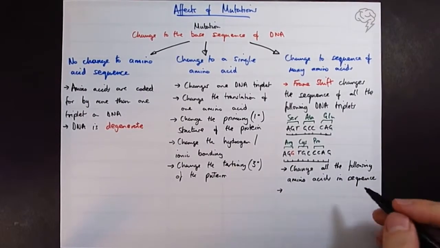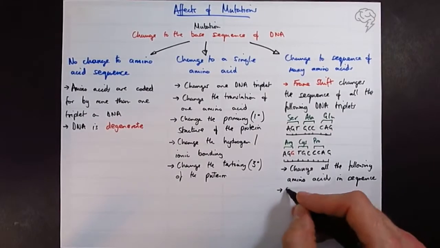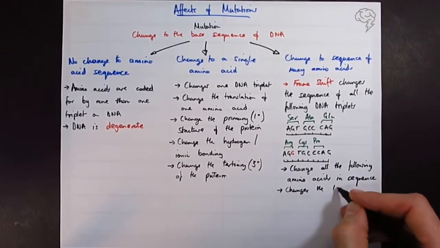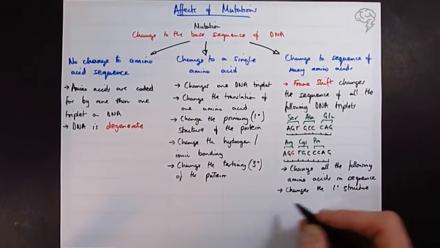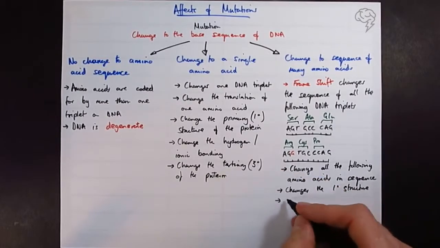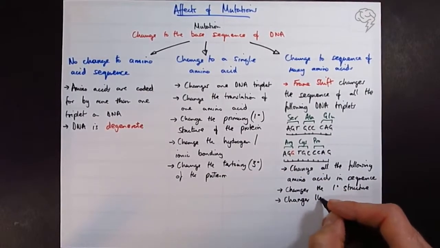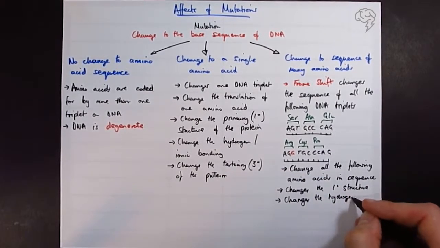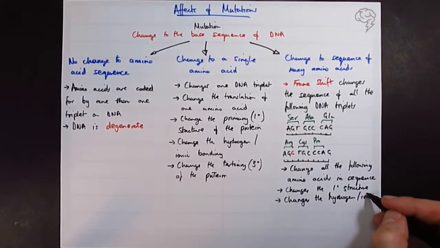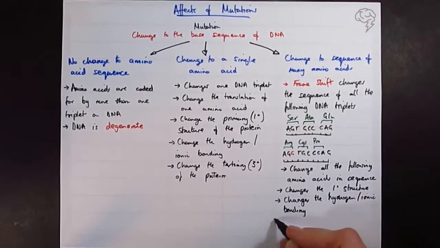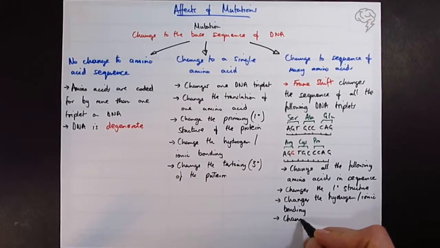If all the amino acids are changed, well, that's a change to the primary structure. Which is going to change the hydrogen or ionic bonding. Which in turn will change the tertiary structure.